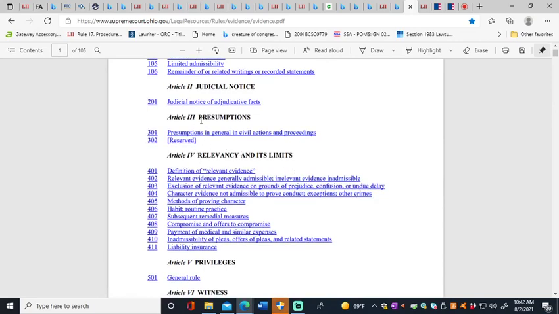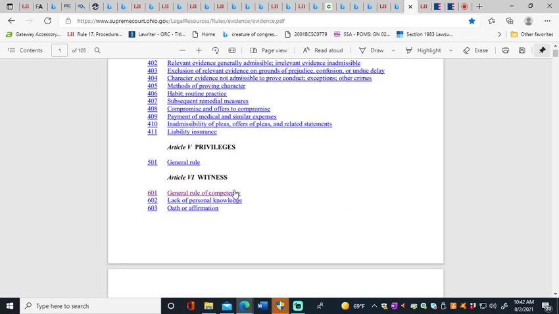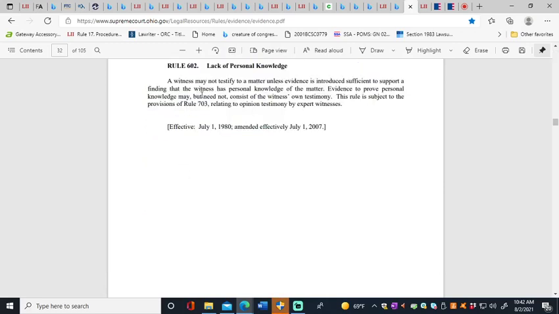So the evidentiary standard: oath and affirmations, lack of personal knowledge. A witness may not testify to a matter unless evidence is introduced sufficient to support a finding that the witness has personal knowledge of the matter. I'm not going to go through everything, right?